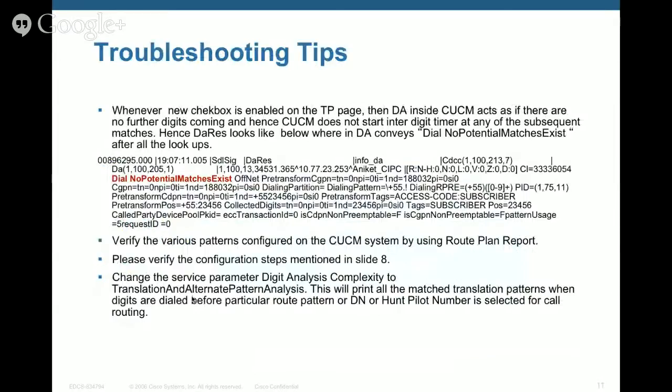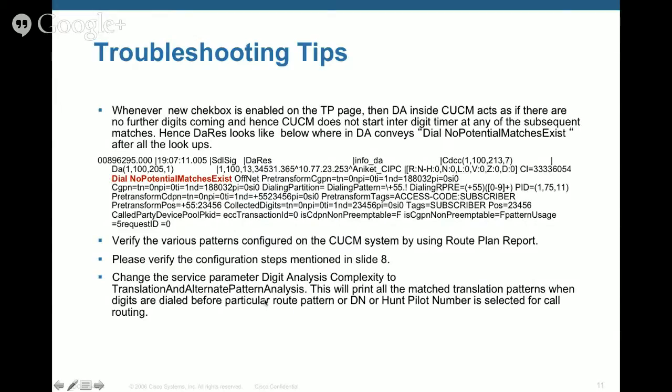Here are the troubleshooting tips. In the SDL traces, you will see dial no potential matches exist if you set the do not wait for IDT timer parameter, right? This is how you see if you set this new parameter in the traces.